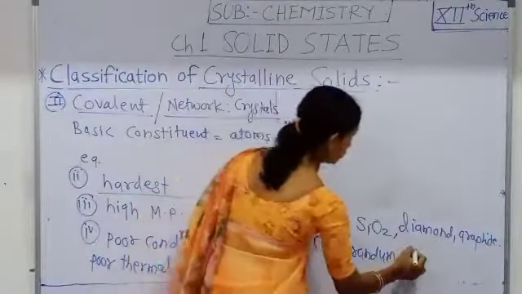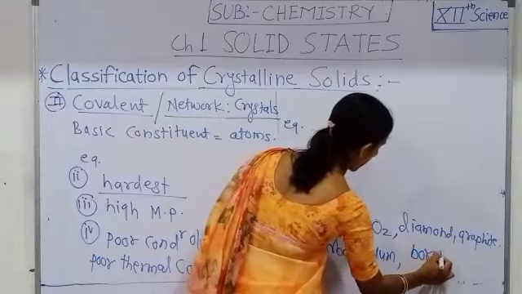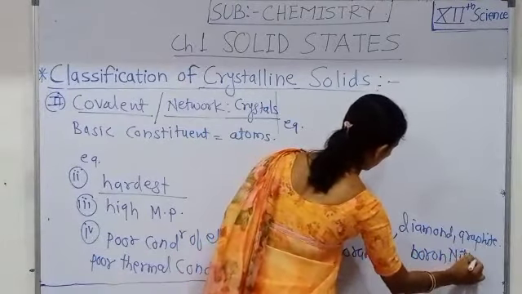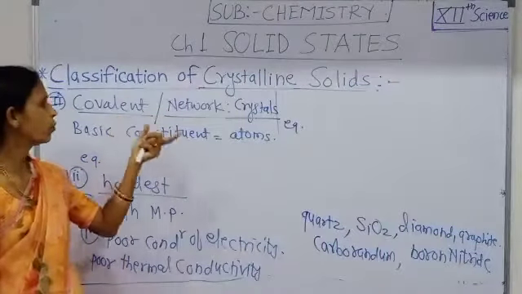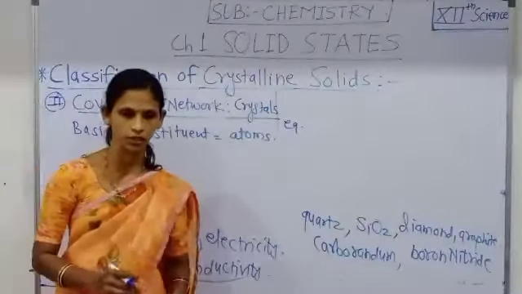Carborundum and boron nitride are also examples of this type of covalent or network crystals.